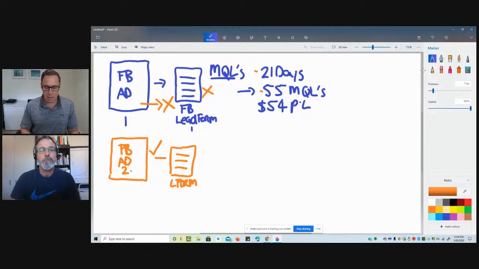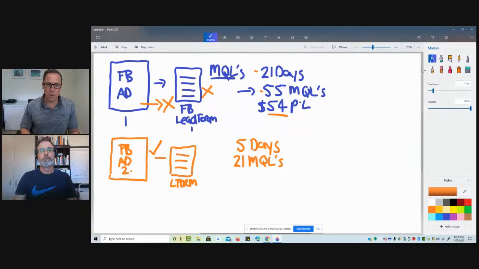Now, based on this remarketing campaign, in 5 days, what we got was 21 marketing qualified leads, so MQLs. But this time, instead of paying $54 per lead, we're only paying $21 per lead.